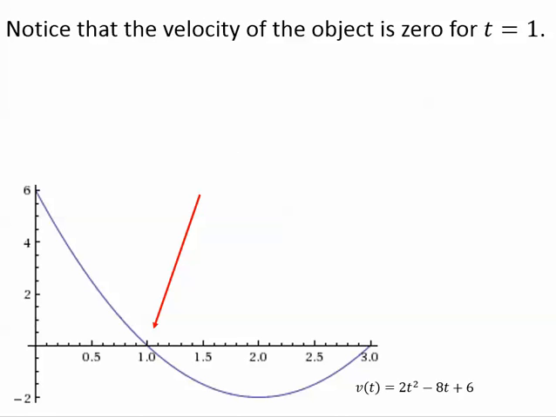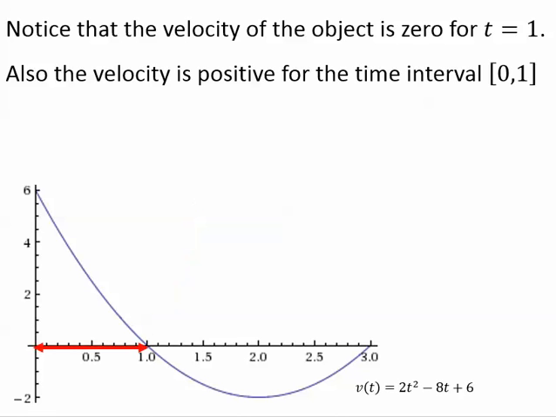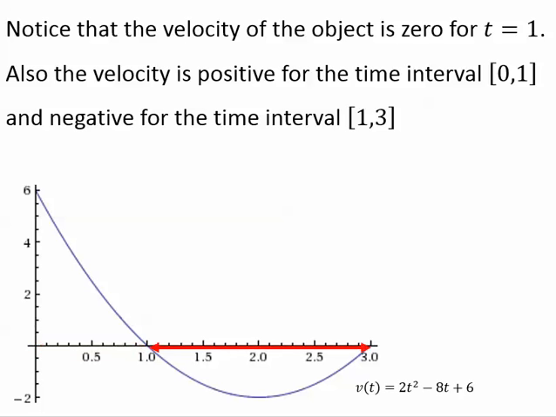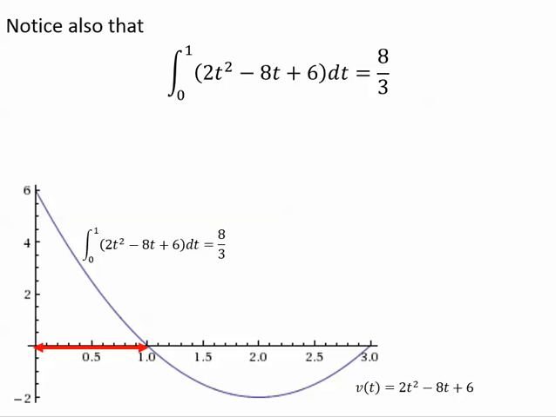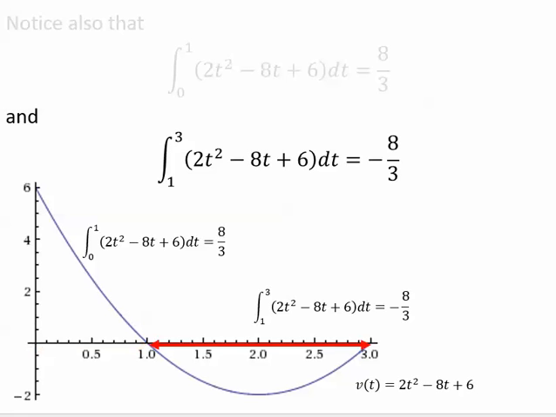Also, let's notice a few things. The velocity of the object is 0 at t equals 1. The velocity is positive for the time interval from 0 to 1, and negative for the time interval from 1 to 3. Also notice if we integrate just from 0 to 1, we get 8/3. And if we integrate just from 1 to 3, we get negative 8/3.